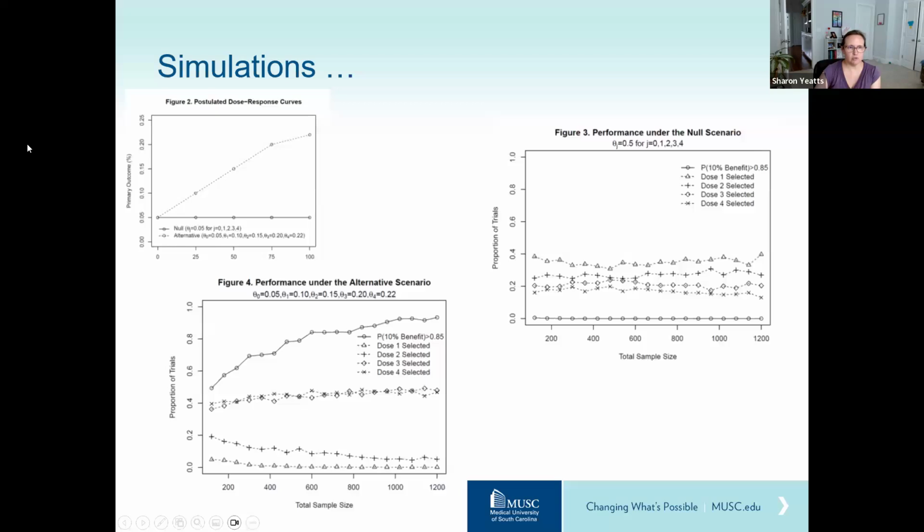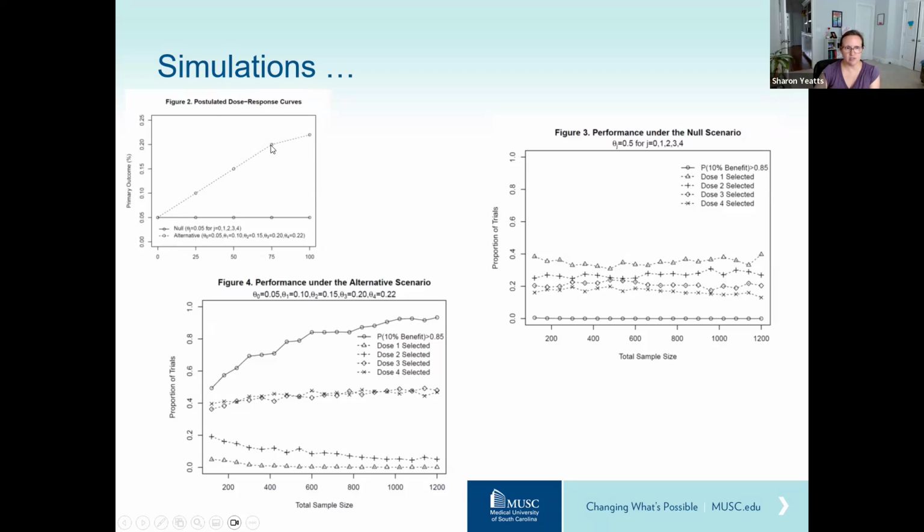So I'll just give you, again, a simple example from the placebo and 4 active arms. So this is a postulated dose response curve. So the null, of course, is easy. It means that increasing doses does nothing to the outcome. And this is one of 4 or 5 different shapes for the alternative that we tried.